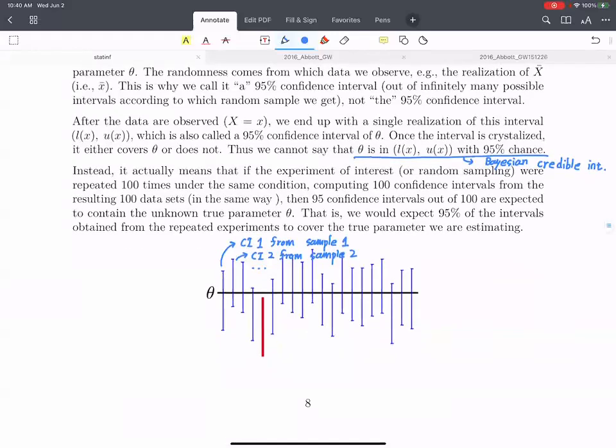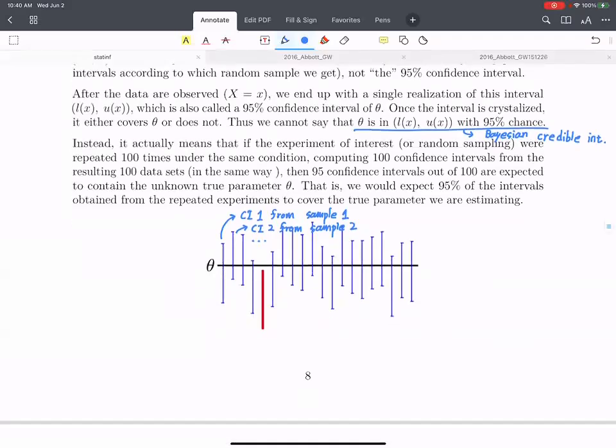If we calculate 20 intervals by repeatedly sampling the data 20 times, 1 out of 20 may not contain theta, which is expected.